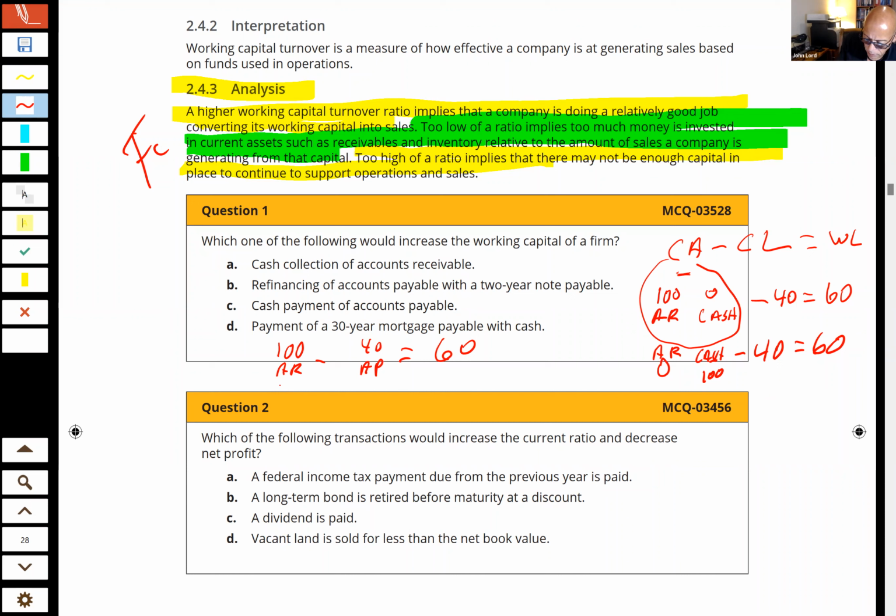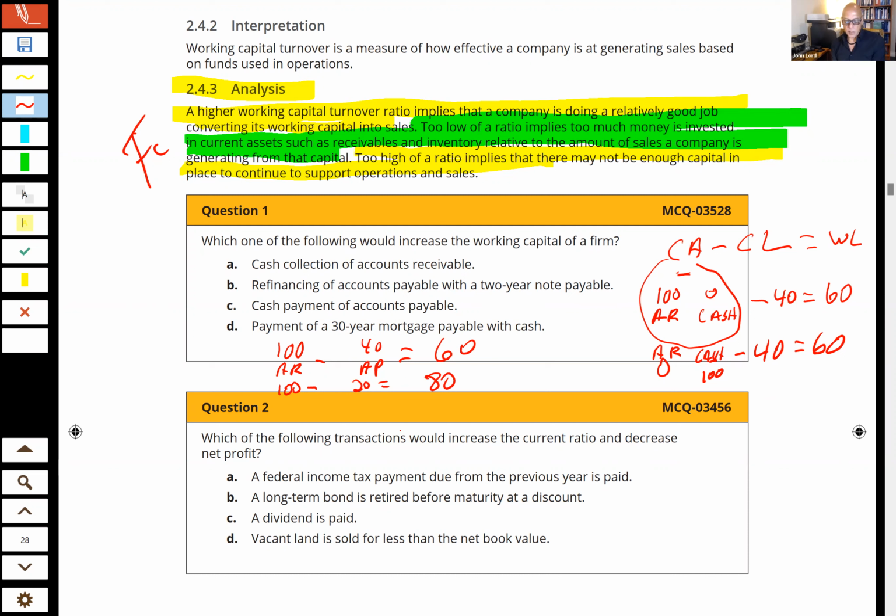Then my cash is 100. My accounts receivable is still 100, but now let's say accounts payable is 20 because I've refinanced half of that. Now my working capital is 80. The remaining 20 in this example is now down in the long-term liability because it's a 2-year note, and that's not going to affect my working capital.